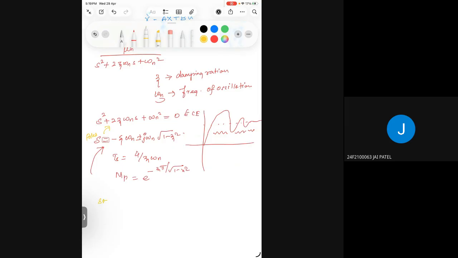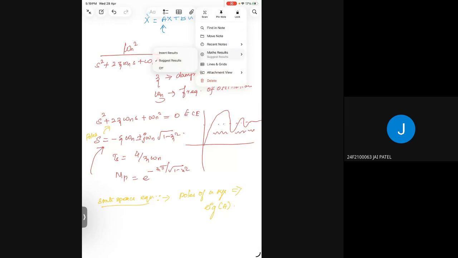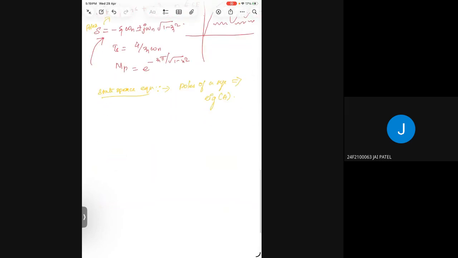For a state space representation, the poles of a system are equal to the eigenvalues of its system state matrix, state transition matrix or system matrix, whatever you call it, that is A. So how will you find the poles of a system when I give a state space representation? X dot is equal to Ax plus Bu. I will just find the eigenvalues of A, and that will give the poles of the system.